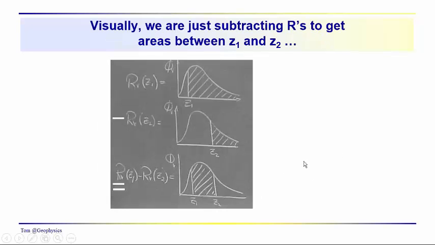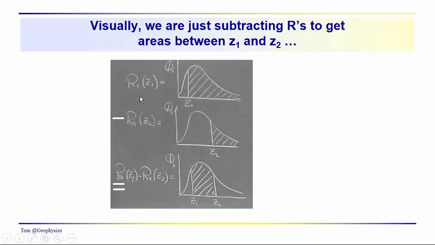So pictorially, or visually, graphically, we have this RV of z1, or R1 as we've been calling it, and this RV of z2, or R2. We're just subtracting RV of z2 from RV of z1, which means, visually, that we're just taking this area away from this area up here to get this area between z1 and z2.